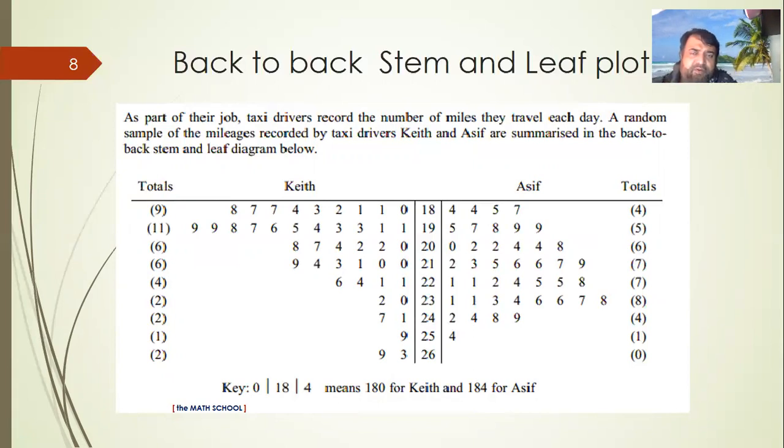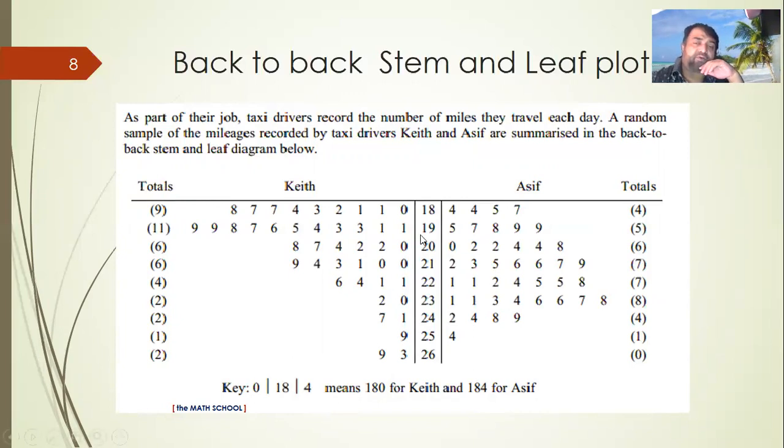From here we understand the lowest value was 180 for Keith, and for Asif it was 184, and the highest value of Asif was 254, and for Keith 263. So we have to consider both sets of data and find the lowest value from both sets. The lowest one would be considered for the first stem, and we have to see which one is the highest in both sets. That would be considered for the last stem.